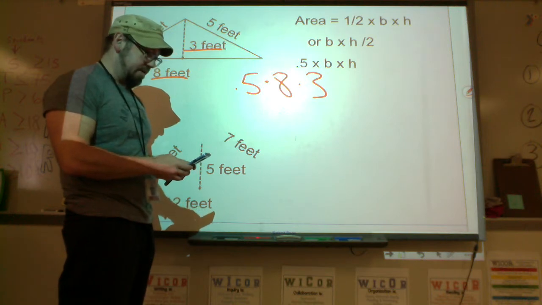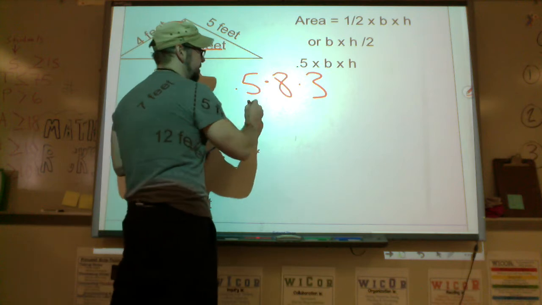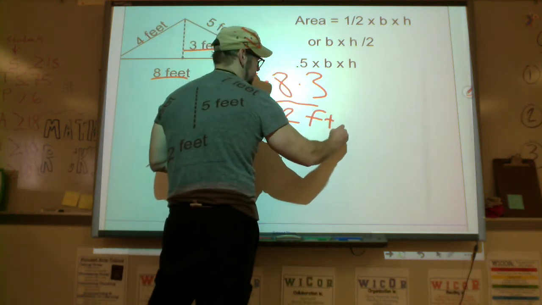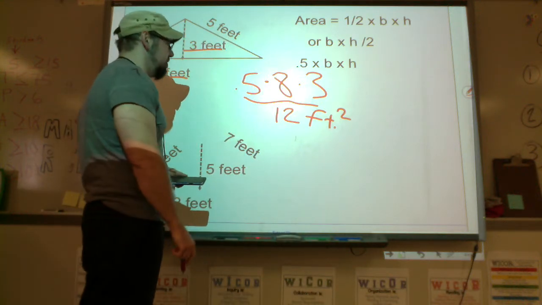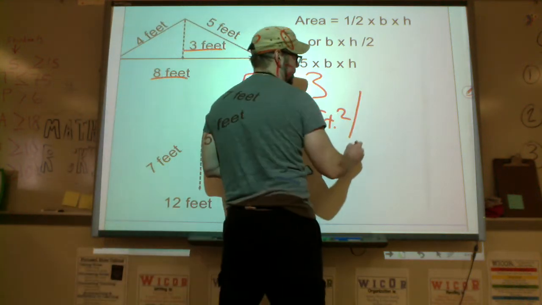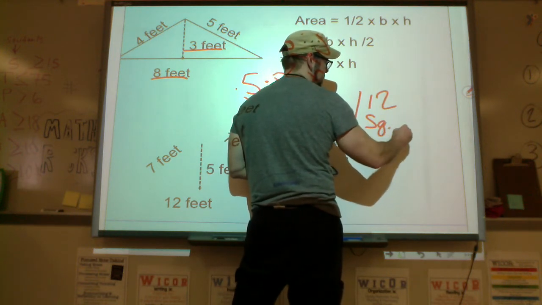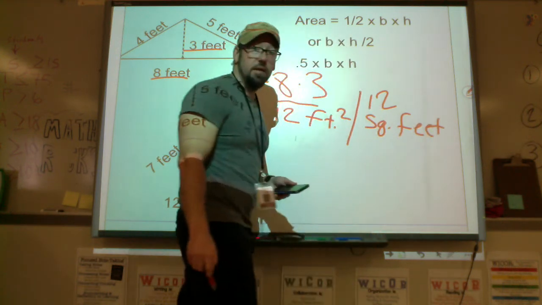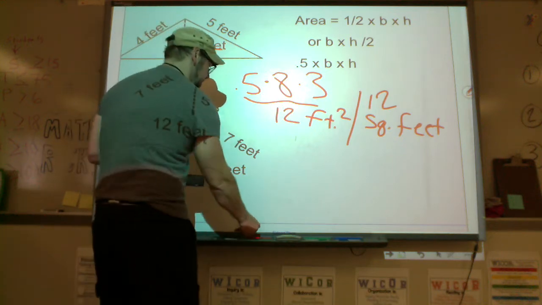You can do that in your head, but just to be careful, let me get 12 feet squared. Okay? Or we could also label this 12 square feet. Either way will work. Okay? Either way is going to work.